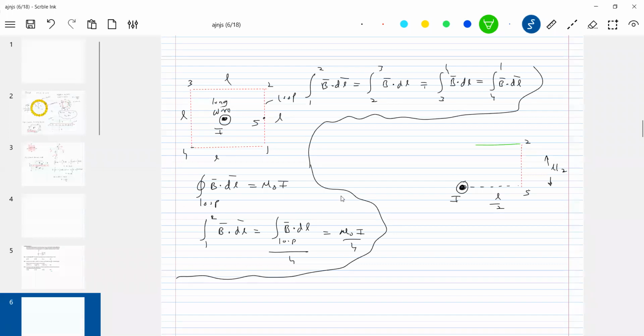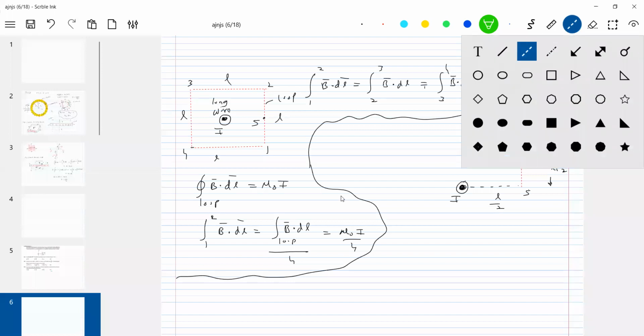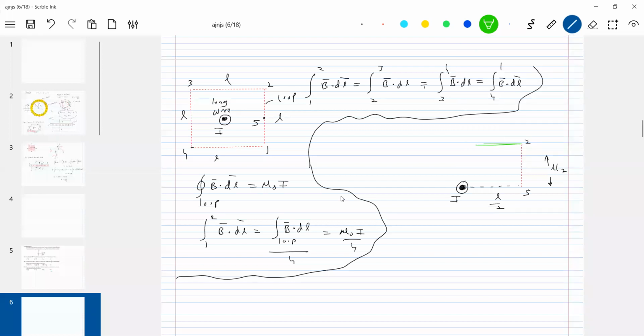Now I'm constructing the total loop. Please do understand that this is very important. It will help us a lot in solving many of the numericals. I'm completing the loop.